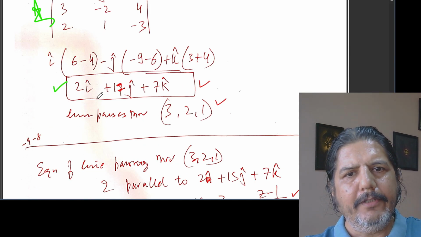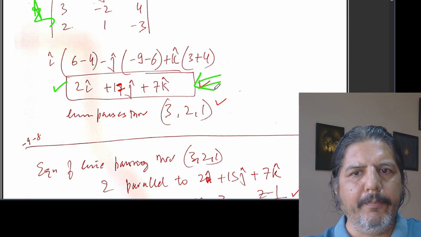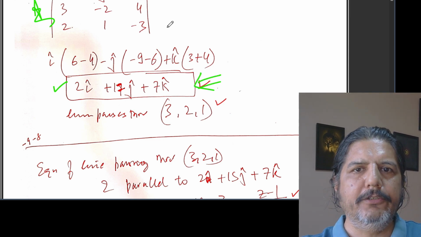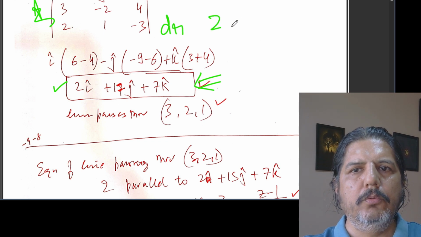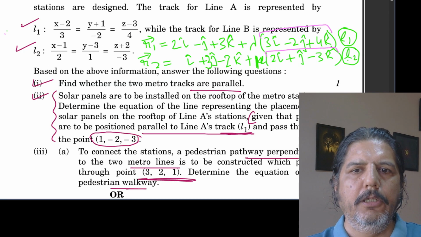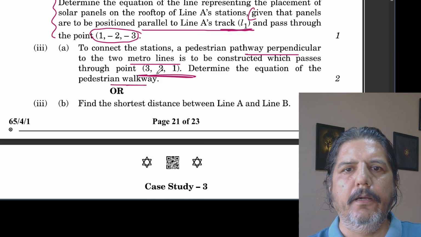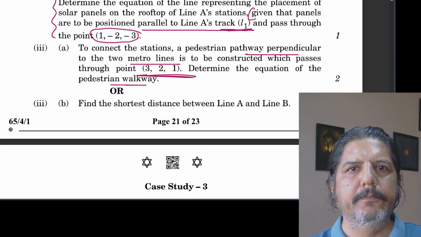Now, once I have found the cross product, I know the pedestrian pathway would have the direction ratios 2, 17, 7, and that pathway would pass through the point 3, 2, 1.